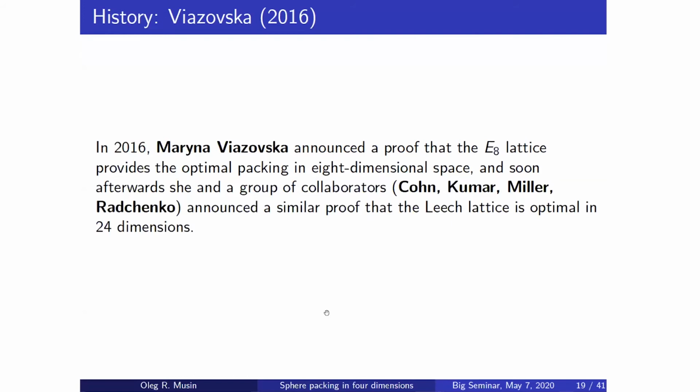Soon, just a few days later, Cohn, Kumar, Miller, and Radchenko joined Maryna and published the same result about the Leech lattice in 24 dimensions. Actually, it was a very old conjecture, known from at least the 19th century, so it was a big one.